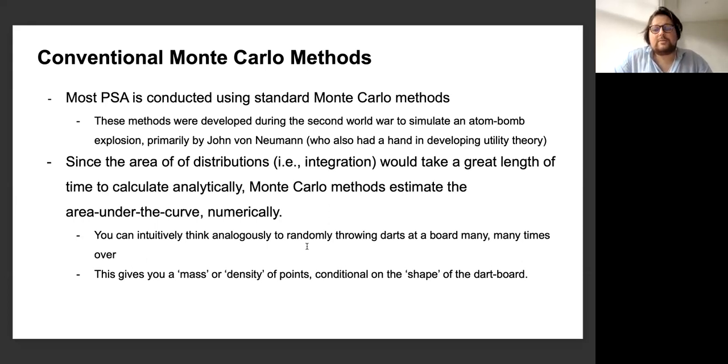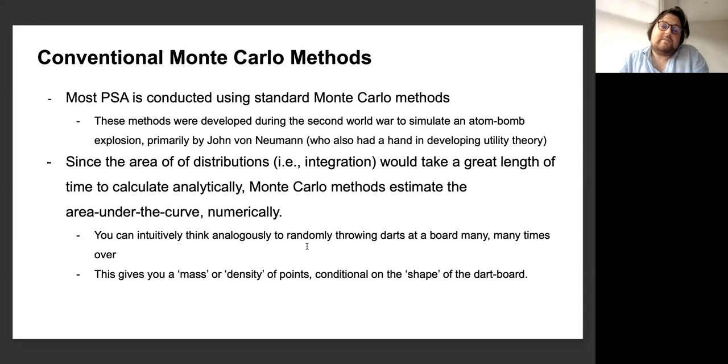Just a little fun fact, these were developed during the Second World War to simulate atoms, in the attempt to create an atom bomb, and were primarily developed by John von Neumann, who also subsequently helped develop utility theory. Mad genius, that guy.